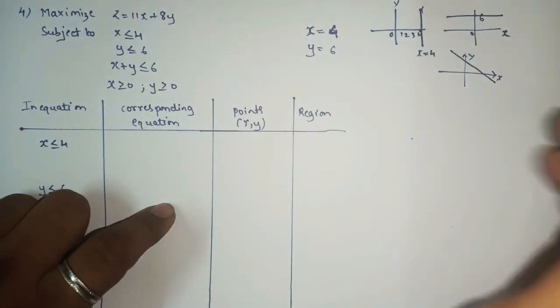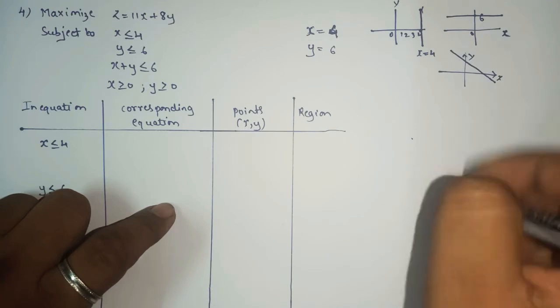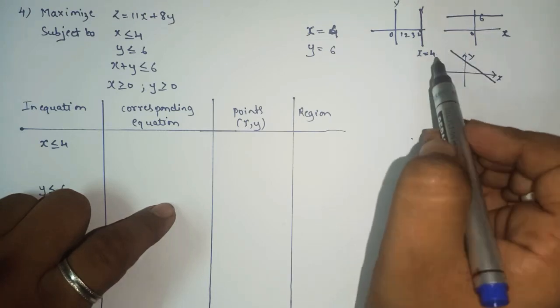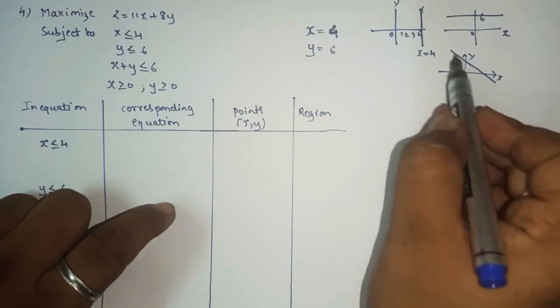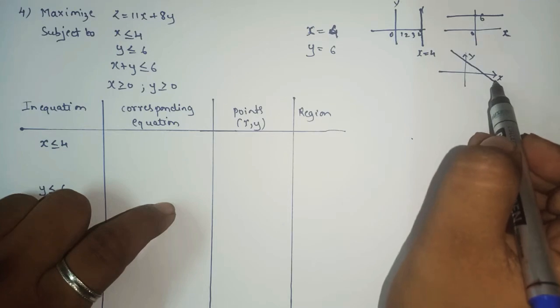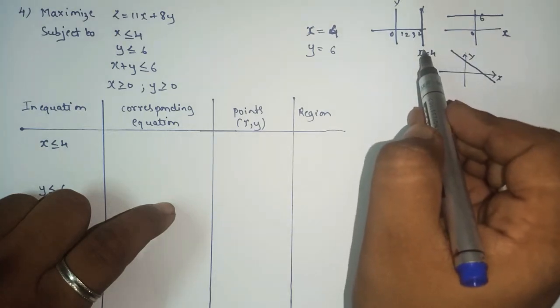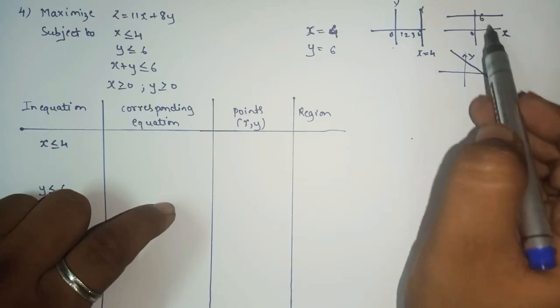So remember this. When you plot the points and draw the lines, see to it that whenever we have a linear equation in two variables, it will pass through both coordinates. When you have the value of x, it will be parallel to the y axis. When you have the value of y, it will be parallel to x.